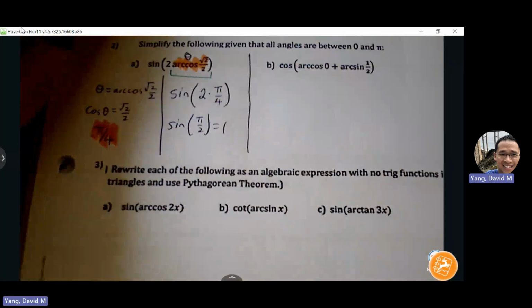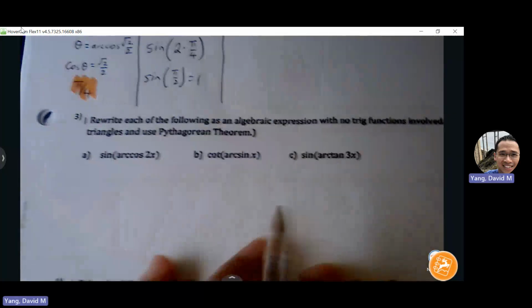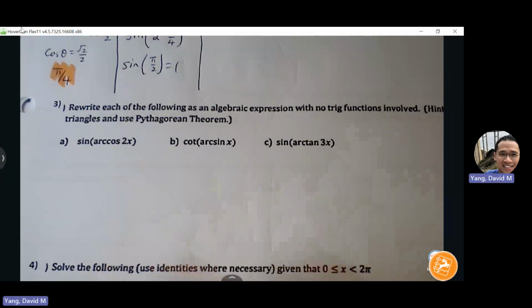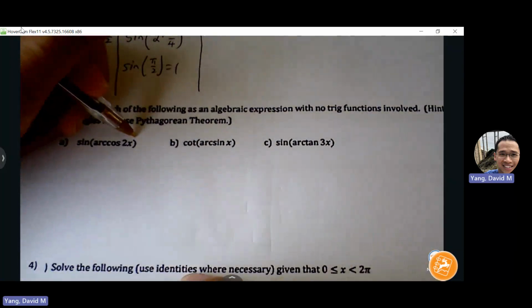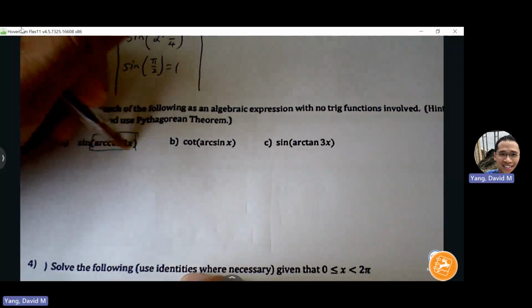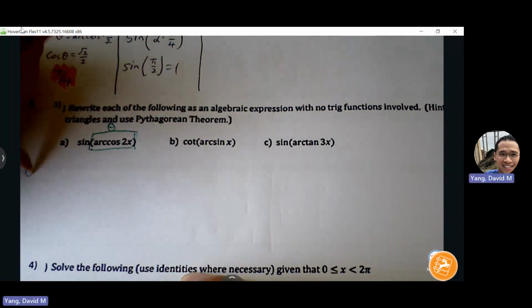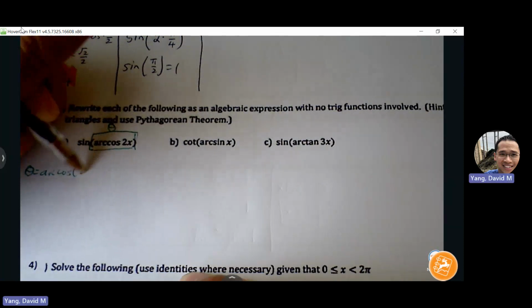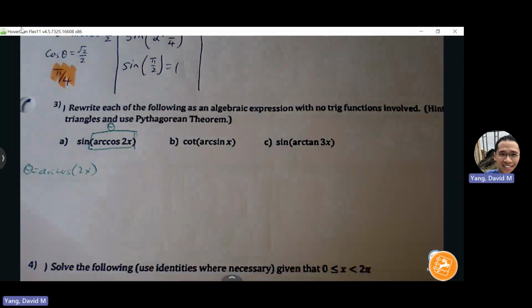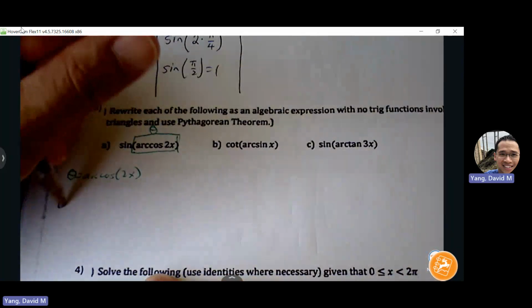So let's look at number 3 here. Number 3 says, rewrite each of the following as an algebraic expression with no trig function involved. Hint, draw triangles and use the Pythagorean theorem. Okay, so let's focus our attention on just this portion here. Arc cosine of 2x, that's another way of saying that is my theta. So theta is equal to arc cosine of 2x. In other words, where is cosine of theta equal to 2x?